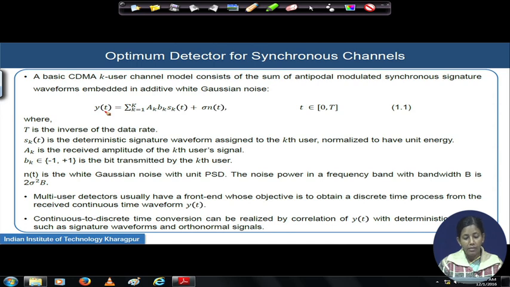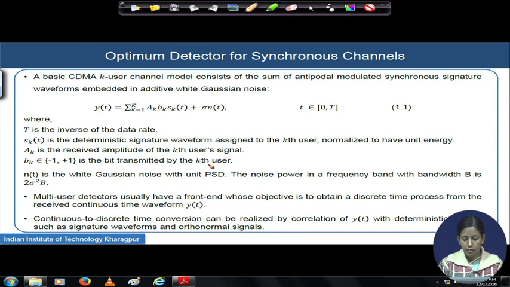And this can be easily done. We have seen all the structures, the correlator based structure and match filter architectures, which help us change the continuous domain received signal into a sampled vector, that is, into vector form. We can get the sampled output at the output of the match filters.